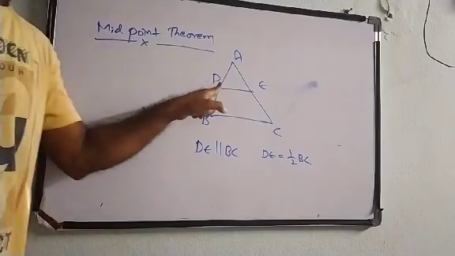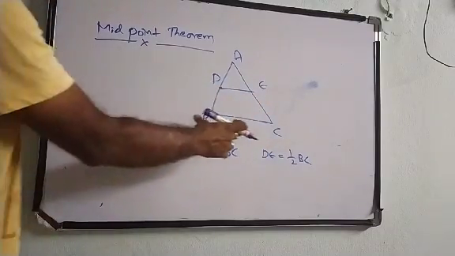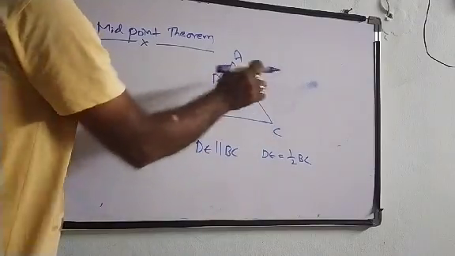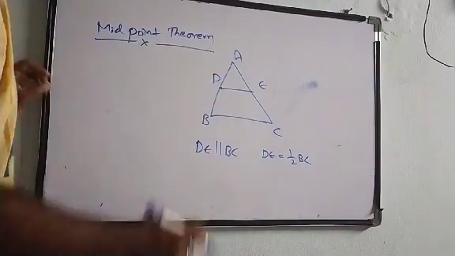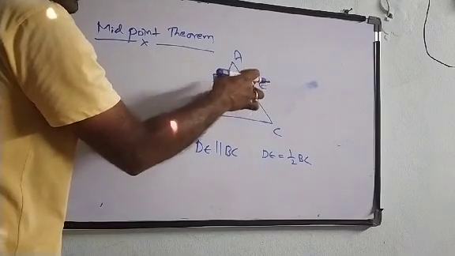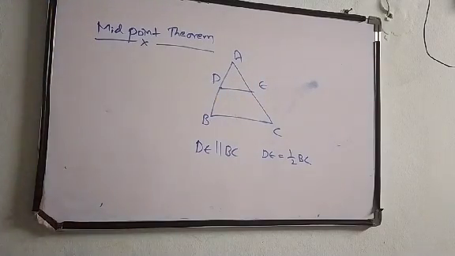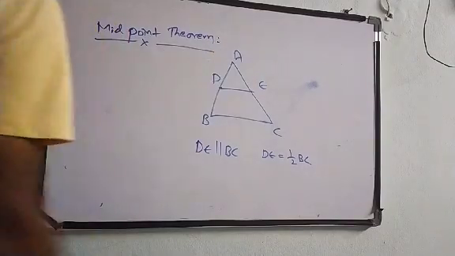If we join the midpoints of any two sides of a triangle, then it will be parallel to the third side and half of it. So this is the midpoint theorem.